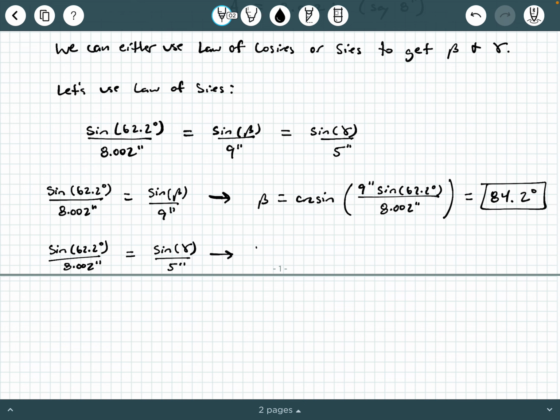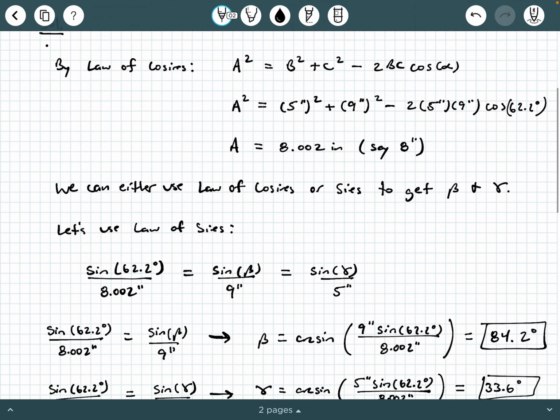Do a little bit of rearranging. I'm going to get gamma is arc sine of 5 inches times the sine of 62.2 degrees over 8.002 inches. So again, be careful with your calculator. Make sure you're in degree mode, and you should get 33.6 degrees for gamma.